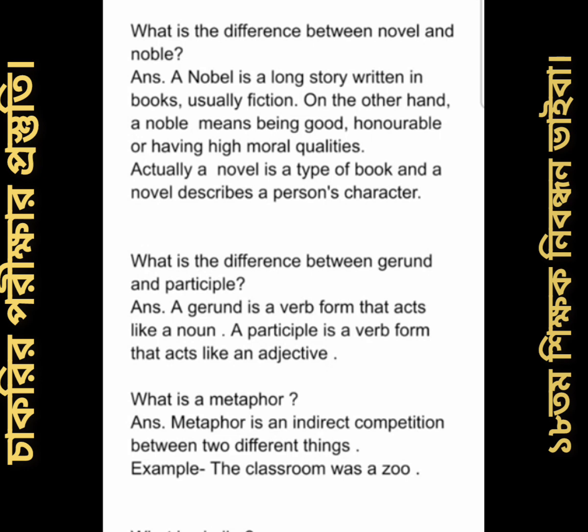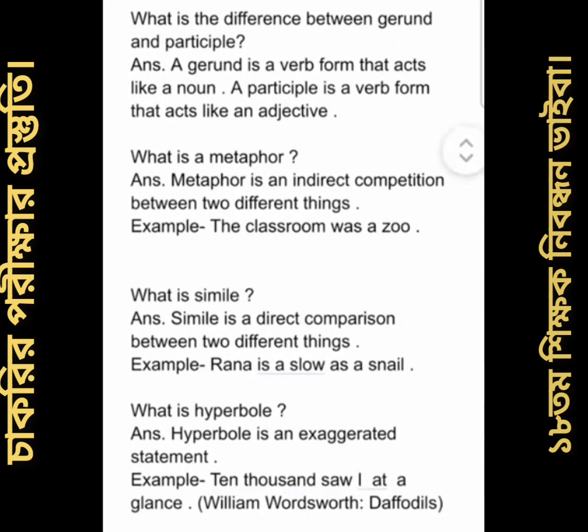Actually, a novel is a type of book and noble describes a person's character. What is the difference between gerund and participle? A gerund is a verb form that acts like a noun, and a participle is a verb form that acts like an adjective.